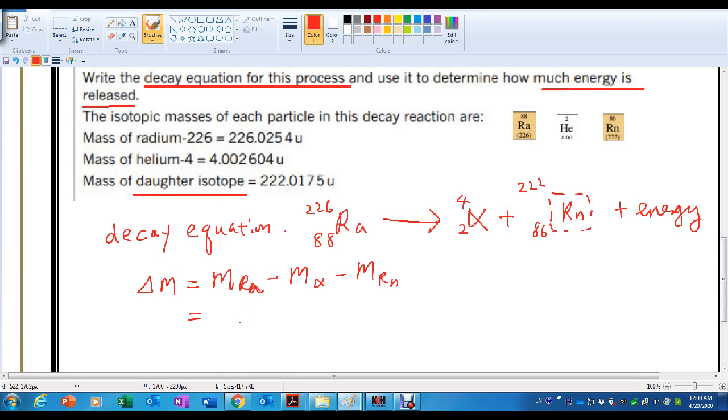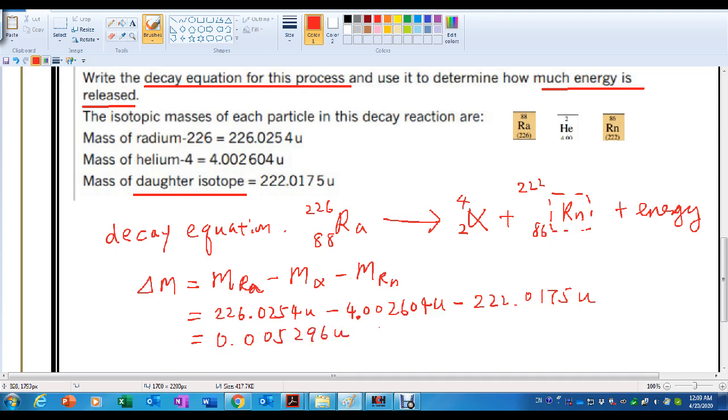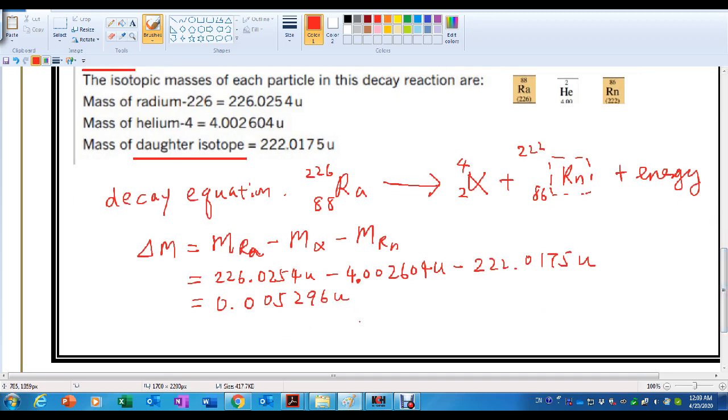The mass of radium is 226, and you have more digits right here, minus 4.002604 U, minus 222.0175 U. To get that, what you will have is 0.005296 U. So that will be our delta M.